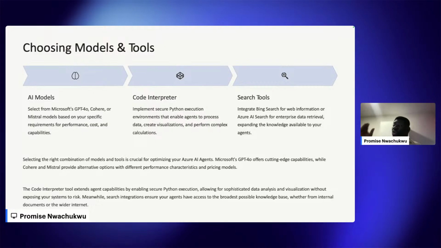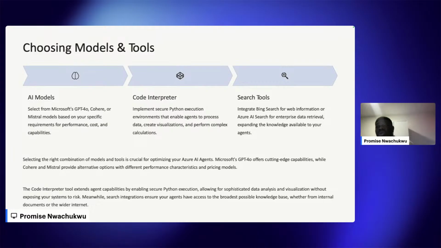So that is one interesting thing for the AI models. And two is the code interpreter. Implement a secure Python execution environment that enables agents, right, to process data, create virtualizations, and perform complex calculations, right? That's what the code interpreter does.